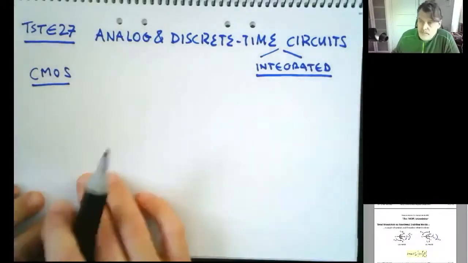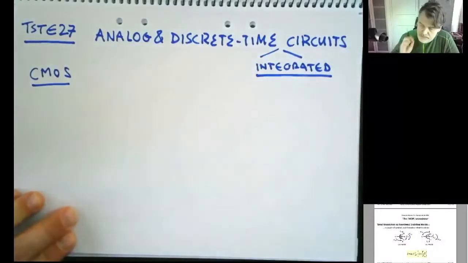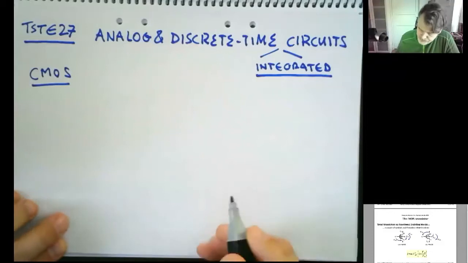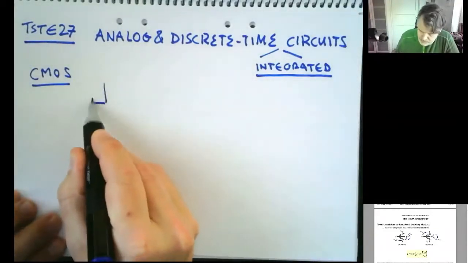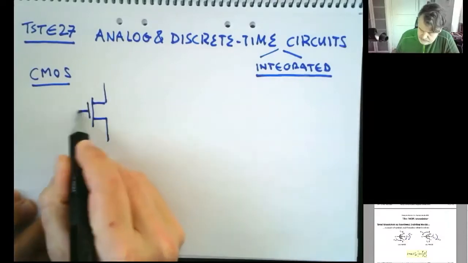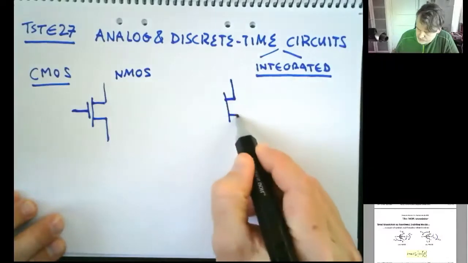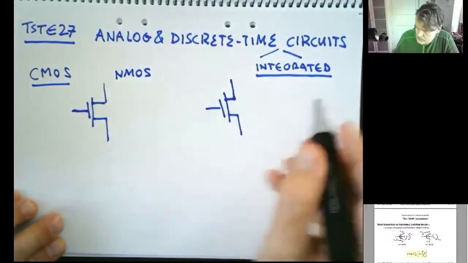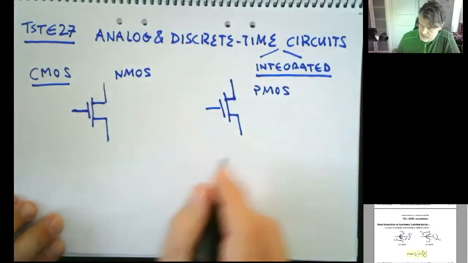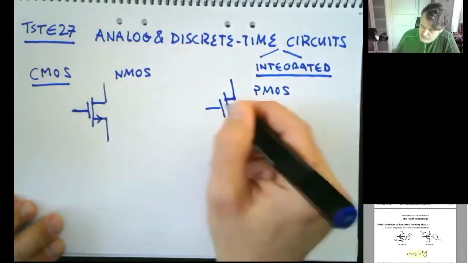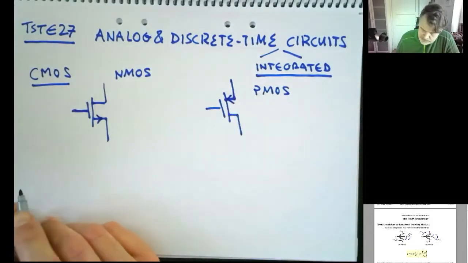But let's do the background, 10 minutes or 7 minutes, and spend some time on understanding the transistor here. So we have typically NMOS and we have PMOS. And let's get back all the way to basics. We indicate PMOS and NMOS with arrows in this way.